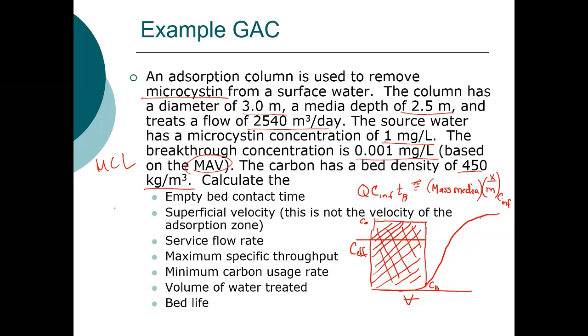And the bed has a density of 450 kilograms per meter cubed. So we're going to go through and look at a number of terms that are typically used with adsorption. So we have a diameter equal to 3 meters. We have a depth of 2.5 meters.